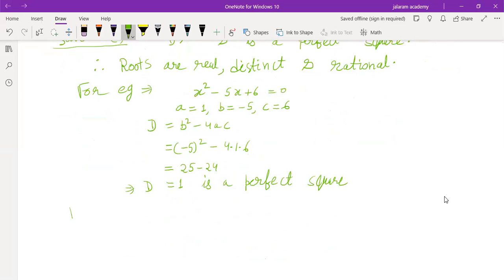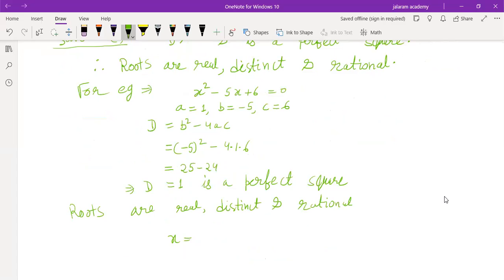So the roots are real, distinct, which means two different roots, and rational.